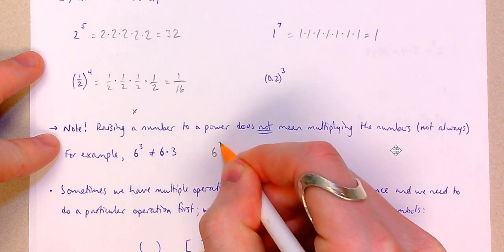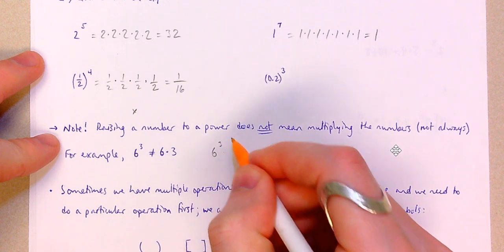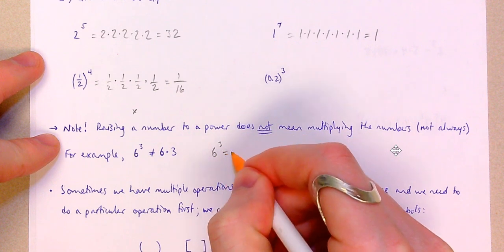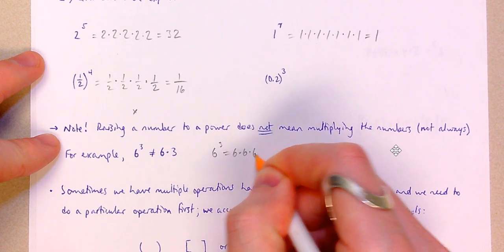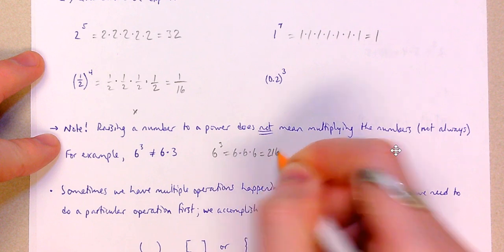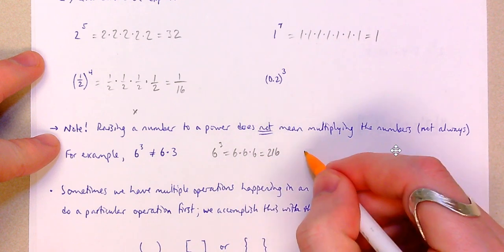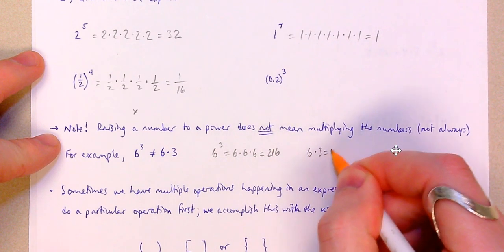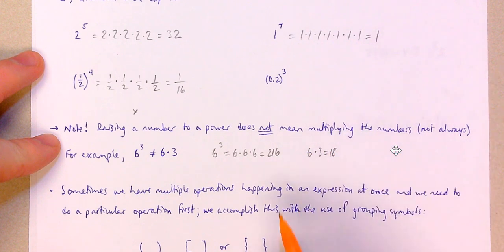For the record, 6 to the 3rd power is 6 times 6 times 6, which is 216. And 6 times 3 is equal to 18. Clearly, these two things are not the same.